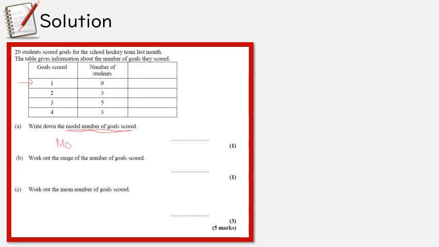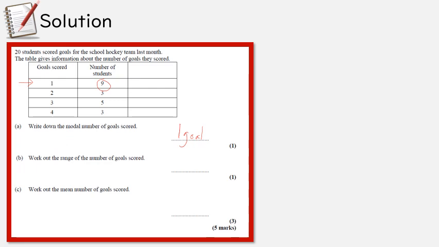Modal means most common. And remember, when we have a frequency table, that means the highest frequency. So we can see the highest number of times something happened was 9 students and they scored 1 goal. So the thing that came up most often was 1 goal. So that should be your answer to the first question.